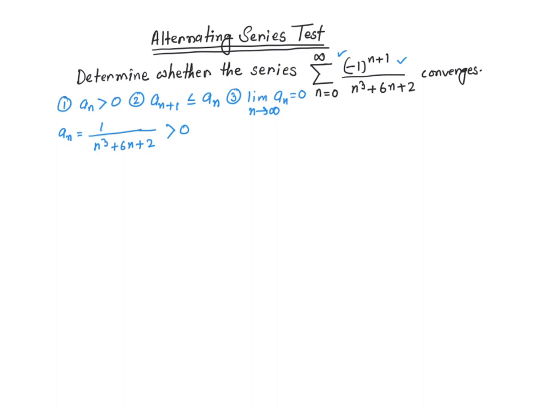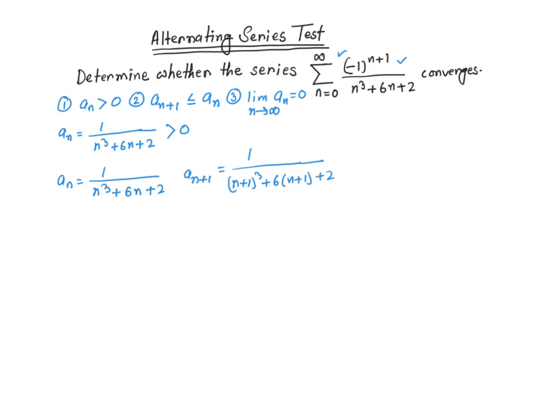Now, we want to show that a sub n plus 1 is less than or equal to a sub n. So let's take this term: a sub n is equal to 1 over n cubed plus 6n plus 2. Then a sub n plus 1 is going to be nothing but replace n by n plus 1: 1 over (n plus 1) whole cubed plus 6 times (n plus 1) plus 2.